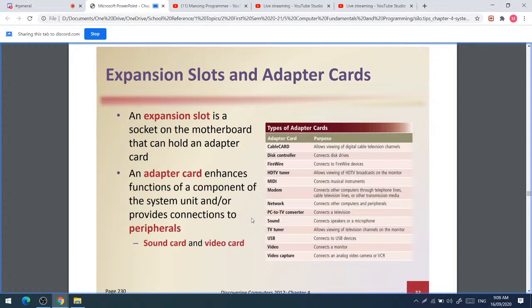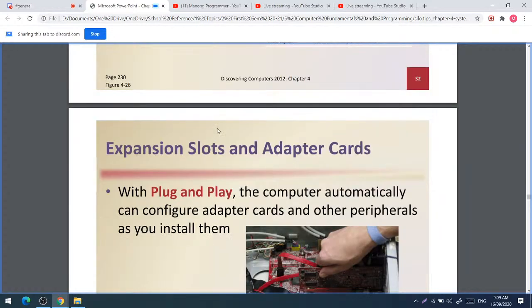Para saan po yung adapter cards po natin? To enhance the capability of our computer. So, usually, ang mga nilalagay po nating expansion cards is sound card or video card. Yung nauuso ngayon para sa mga gamers, yung mga RTX, dati Nvidia GeForce lang. Ngayon, mga video card na binebenta.